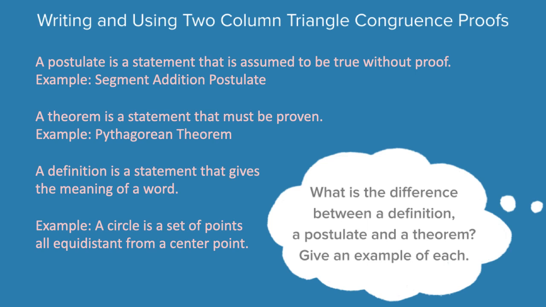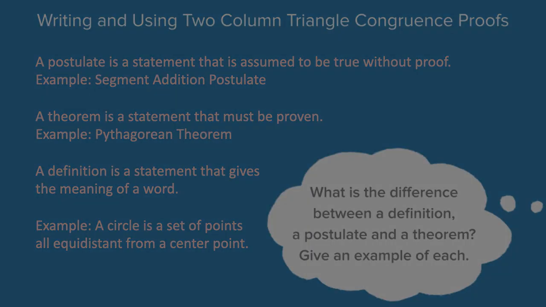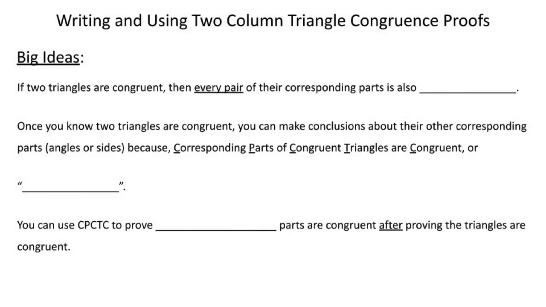Now let's think about some big ideas regarding congruent triangles. If two triangles are congruent, so they are exactly the same shape, exactly the same size, then every pair of their corresponding parts is also congruent. Once you know that two triangles are congruent, you can make conclusions about their other corresponding parts.